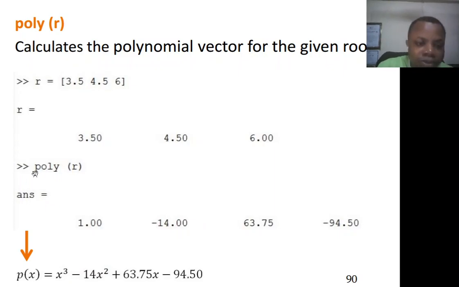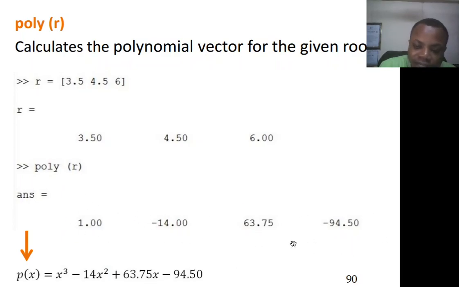In doing that, we shall make use of the function poly, and specify the roots. Suppose that I would like to create a function that is going to give me roots as 3.5, 4.5, and 6. Using the poly function, I can just specify this vector, and MATLAB is just going to create this vector for us.